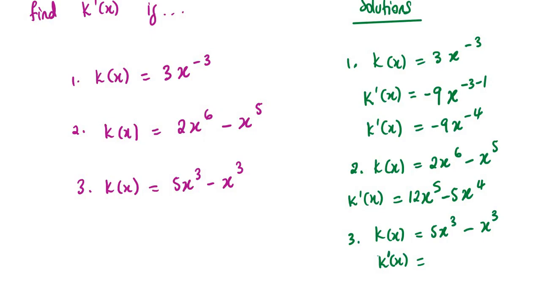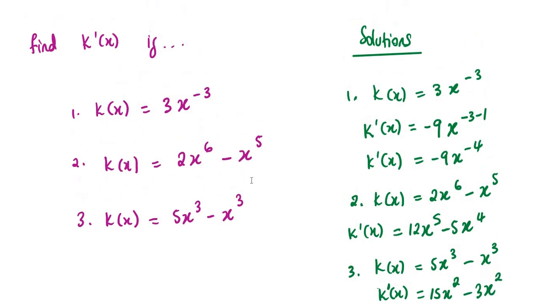I forgot to write the stroke there. The stroke should be there because I'm finding the derivative of the function k of x. So 5 times 3, I get 15, and then 3 minus 1, I get 2. Then minus 1 times 3, it's minus 3, and then 3 minus 1 is 2. Then I've got the derivative.